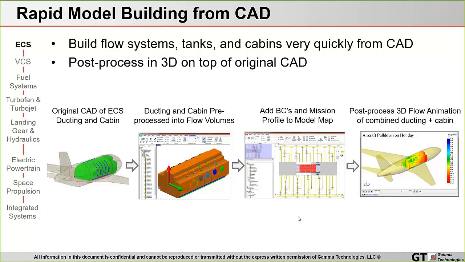And so you can glue the 1D piping that leads into the cabin very easily with this 3D representation of the cabin itself to build a complete 1D-3D model that allows you to simulate things like pull down of an aircraft on a hot day, for example.